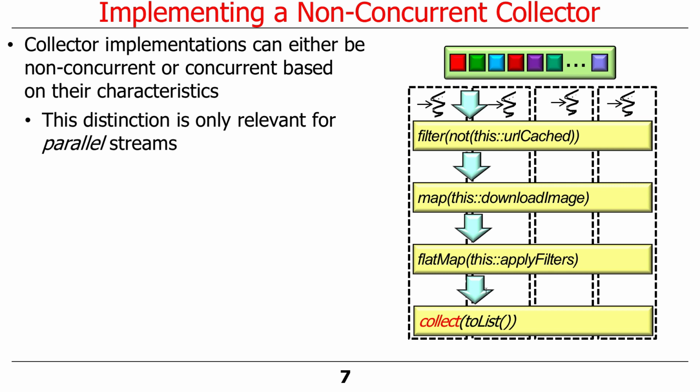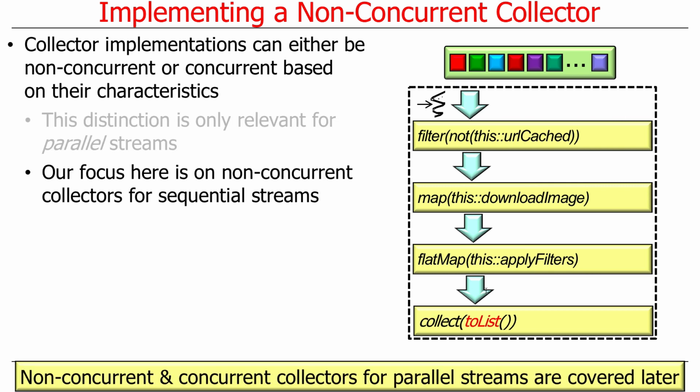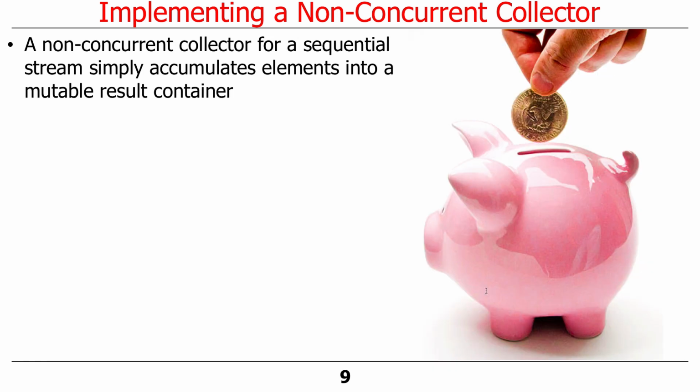There's a difference in the way that the two approaches work. But oddly enough, they both work fine for parallel streams, just one is optimized in certain ways. As I mentioned before, we're just going to focus on non-concurrent collectors for sequential streams, and we'll talk about concurrent collectors and non-concurrent collectors for parallel streams later, probably in a week or so.